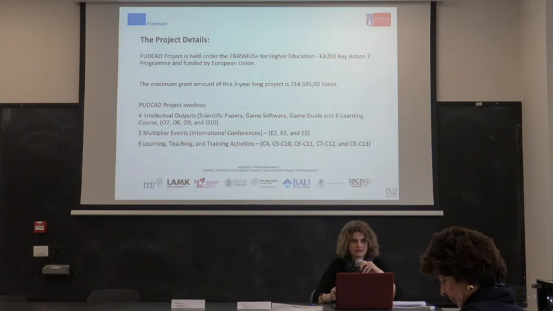We had one in Detmold in October 2018, and now we are at the second one, and we will have the last one in Istanbul next year, and we hope you will also come to Istanbul and join us at the last conference of the project. And we have 9 learning, teaching, and training activities.